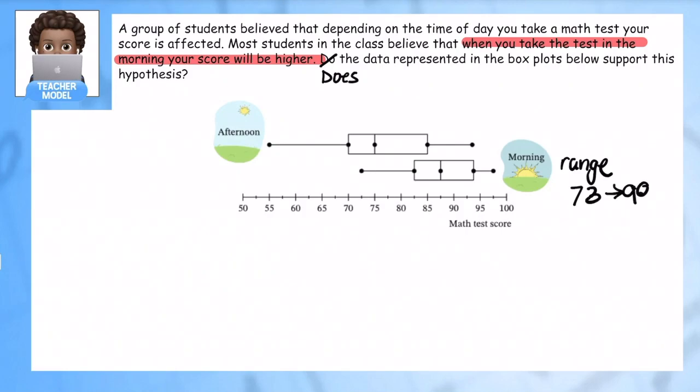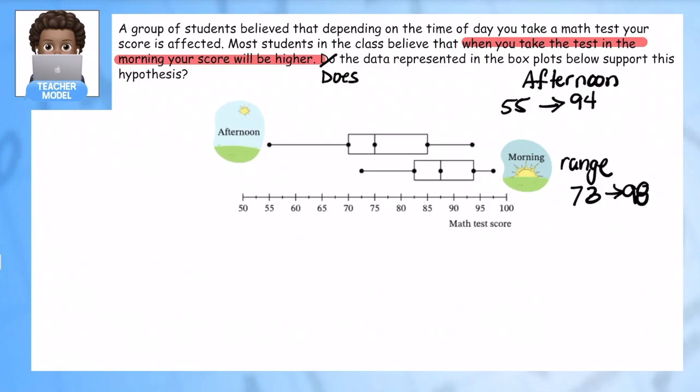For the afternoon, scores range from 55 to, it looks like about a 94.